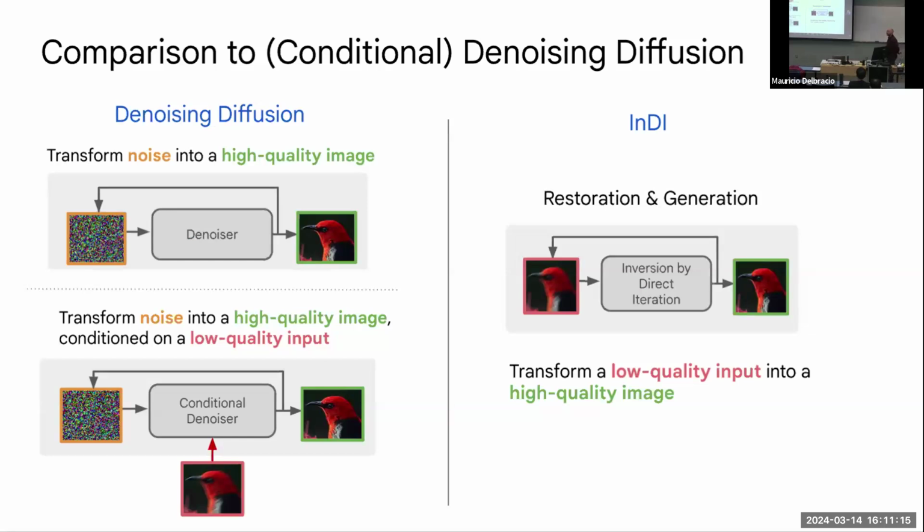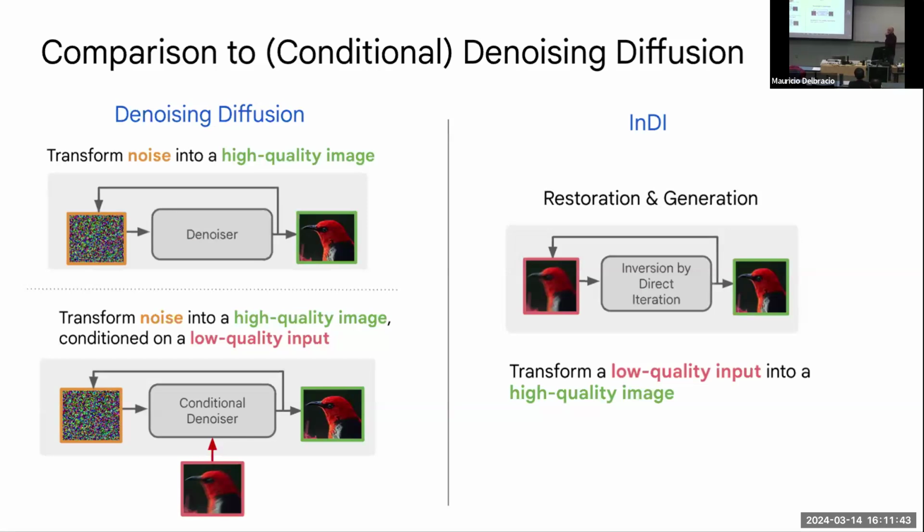But in InDI, you directly use a convex combination of the noisy image and the clean image. Do you think this convex combination contributes to the improvement? Because we can also try to use DDIM inverse to map the low resolution image to the noise and then get back through DDPM. So I'm just curious what contributes to this.